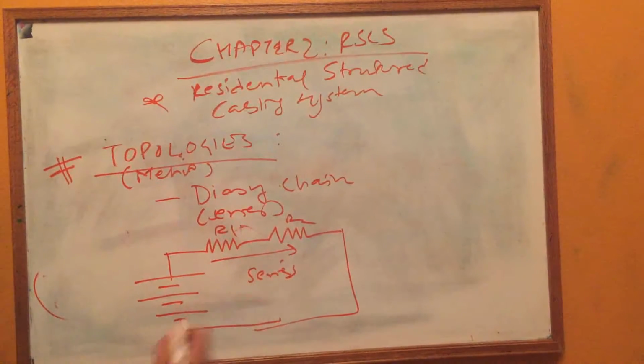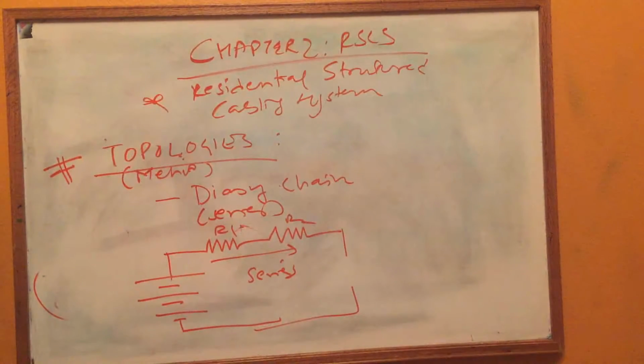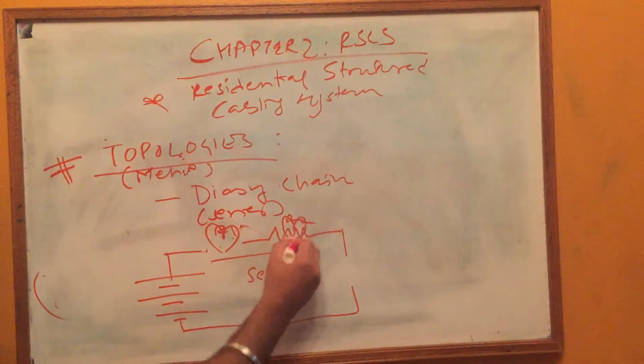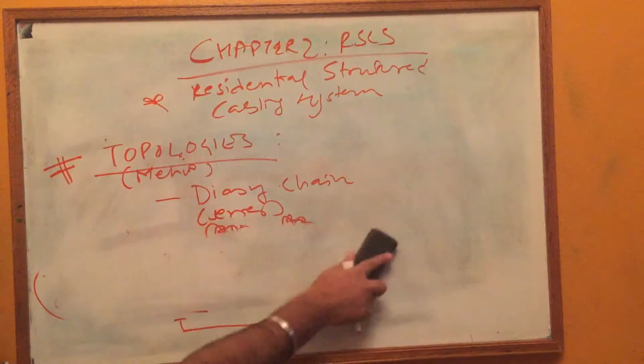What it means is, in case the cable is broken here, the whole circuit is broken. It means neither of them will work. We can say there is a lamp here, so lamp 1 and lamp 2 will stop working, right? This is the bad part of daisy chaining, but the good part is you only use one length of cable, and the installation is pretty simple.